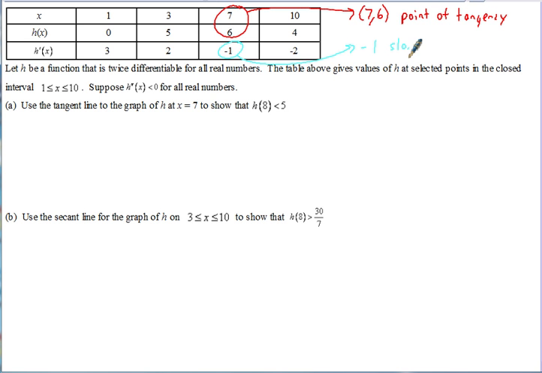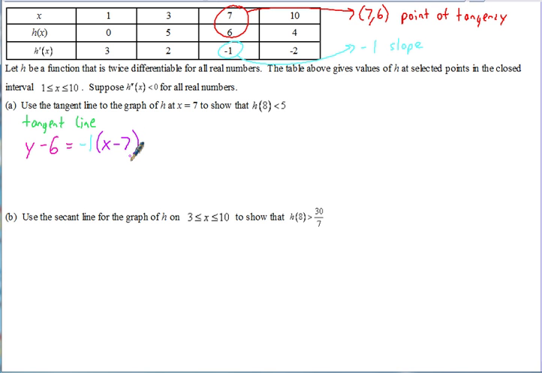So there's our slope. So our tangent line is y minus the y coordinate 6 equals negative 1 times x minus the x coordinate 7.